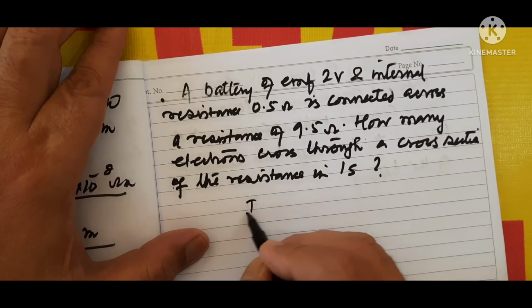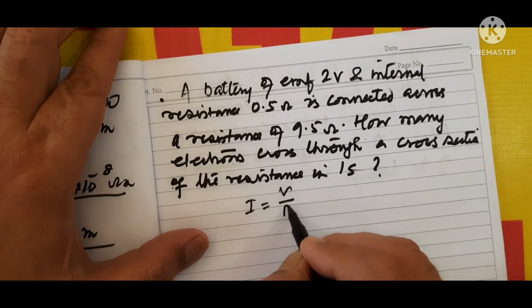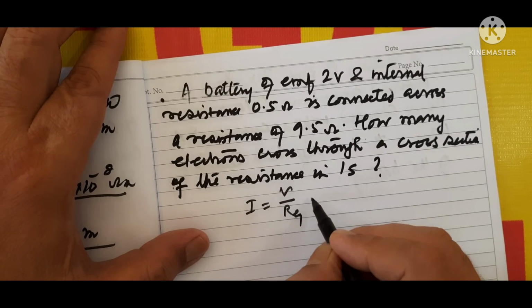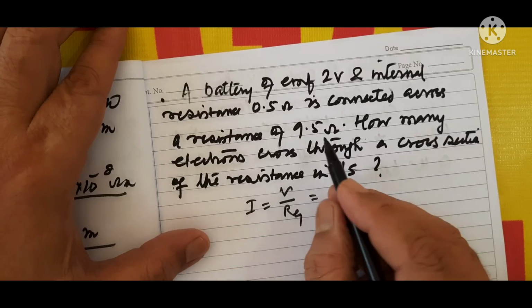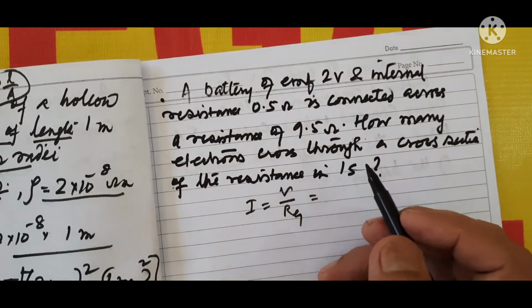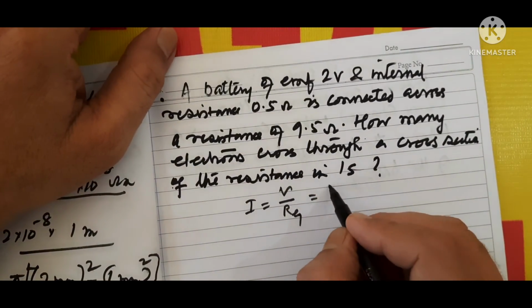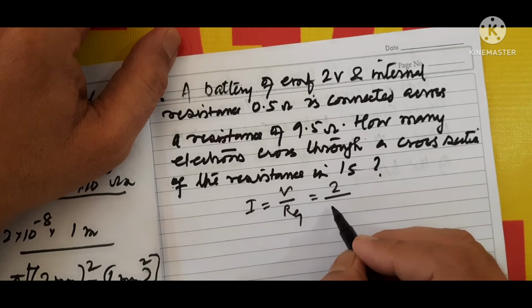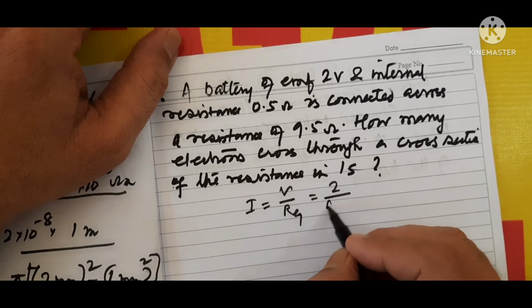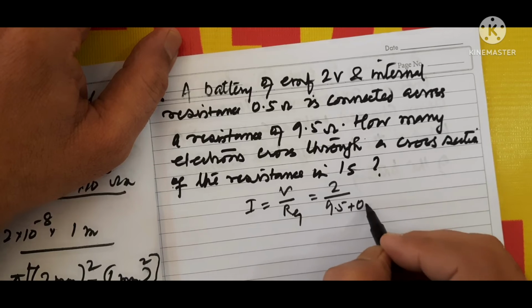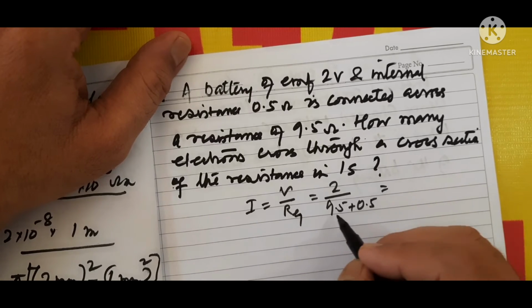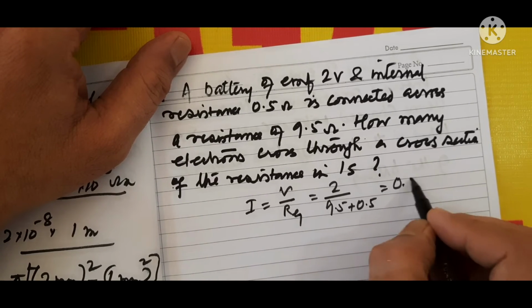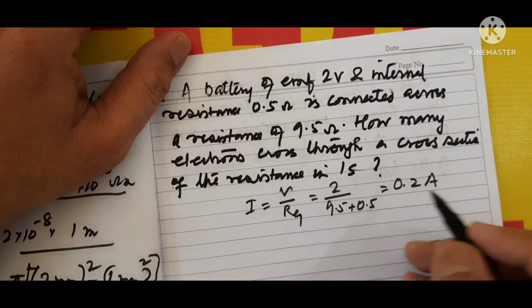We know I is equal to V by R equivalent. Why are we saying equivalent? Because here there is an external resistance and also an internal one. So V is given, 2 volt, and R becomes 9.5 plus 0.5, that is 10. So 0.2 ampere.